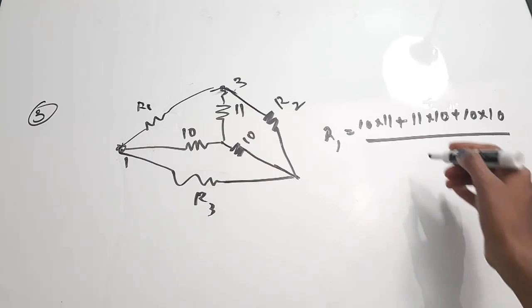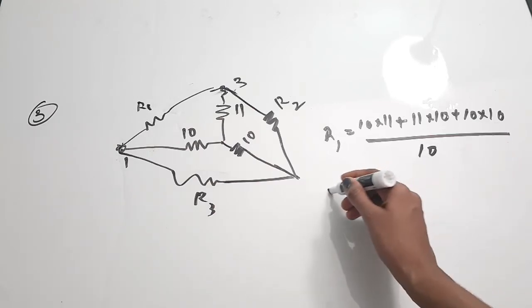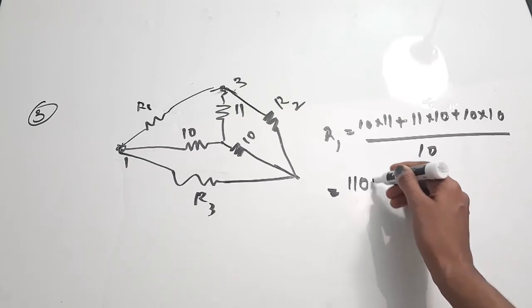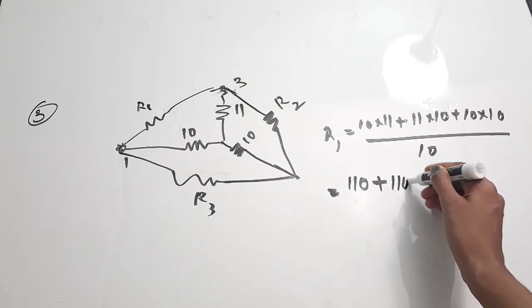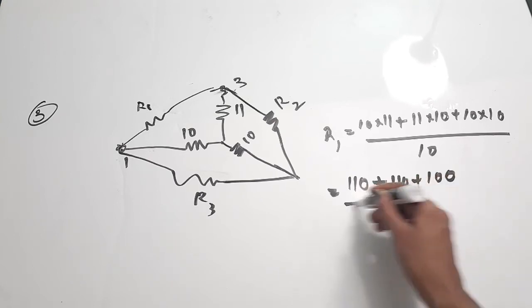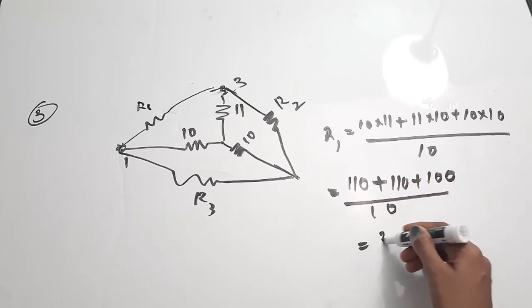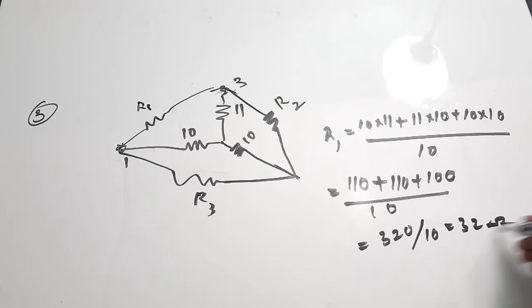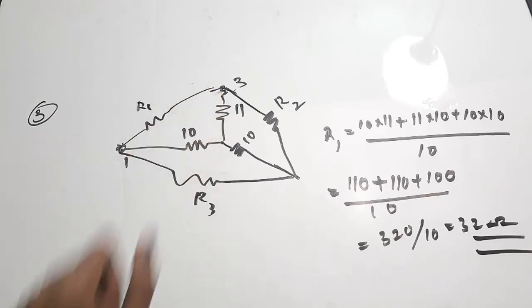Very, very simple, right? So divided by 10. Now, if you solve it, you will get 110 plus 110 again plus 100, by 10. So that is 320 by 10, which is equal to 32 ohms. So the value for your R1 is equal to 32.